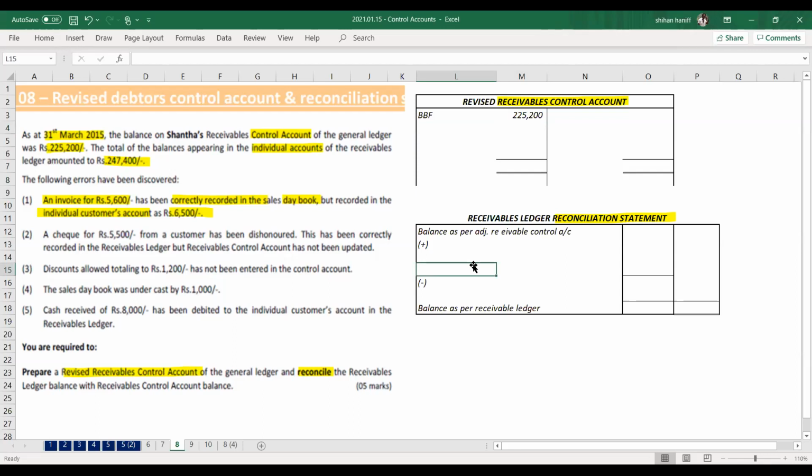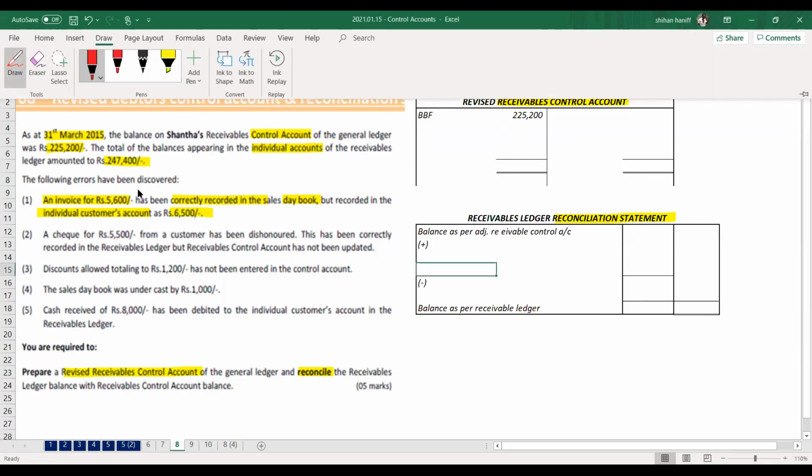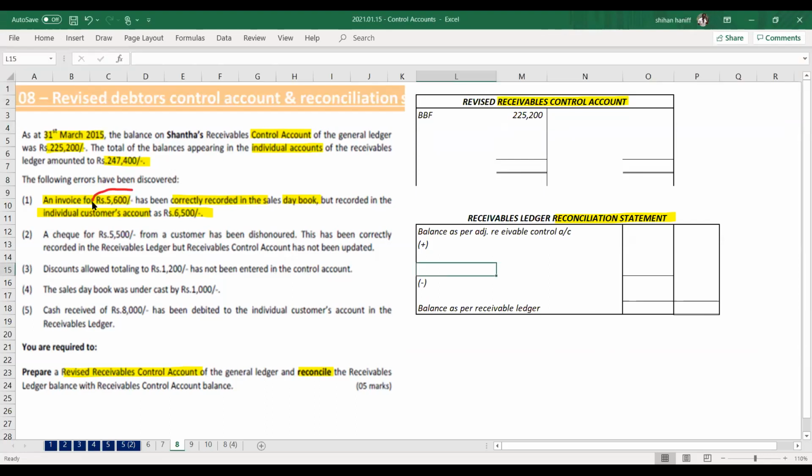In the control account, they have debited 5,600. 5,600 recorded in the sales daybook control account, but in the individual account it is recorded as 6,500.